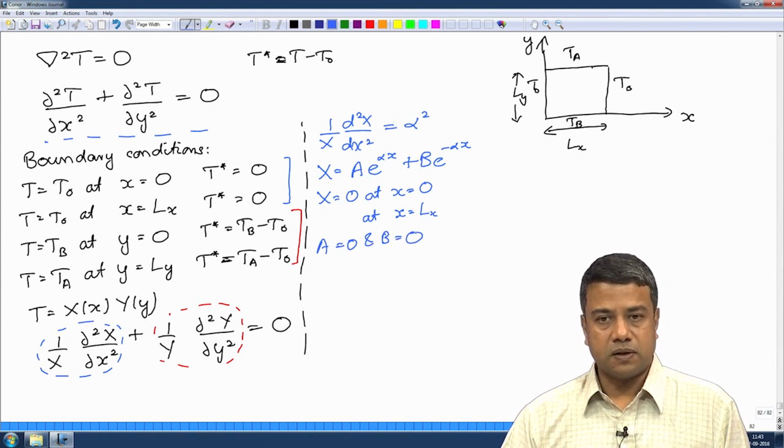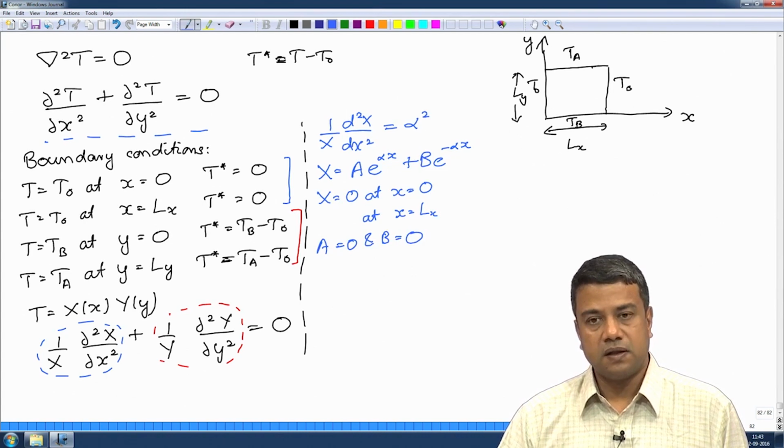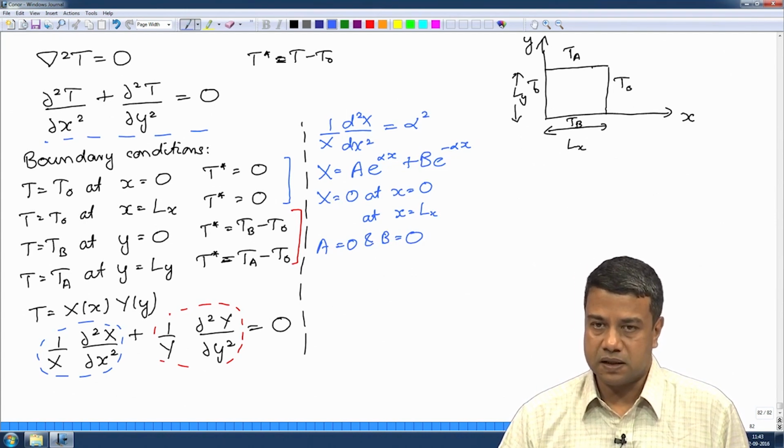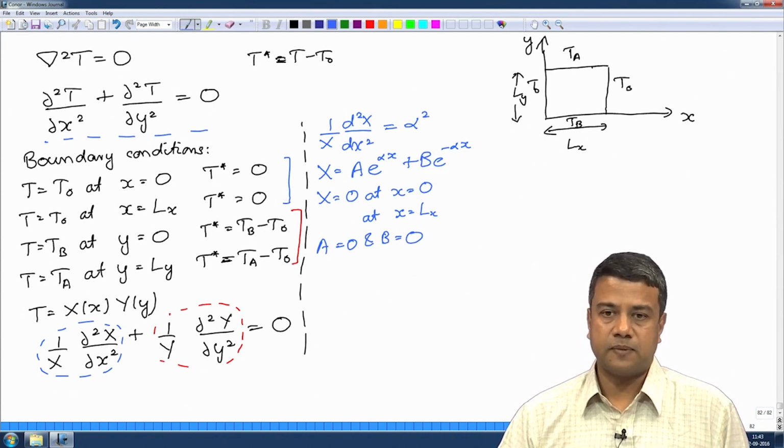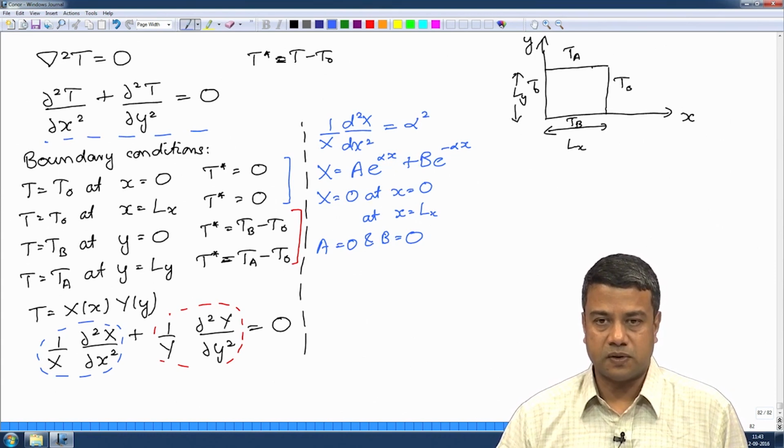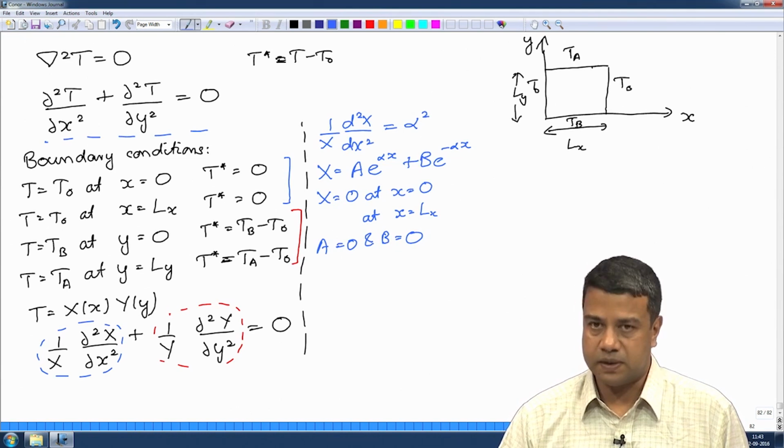So, in the homogeneous direction, if I assume a positive constant, the solutions are exponentially increasing and decreasing functions, and you cannot impose homogeneous boundary conditions. The only solution is for both a equals 0 and b equals 0.